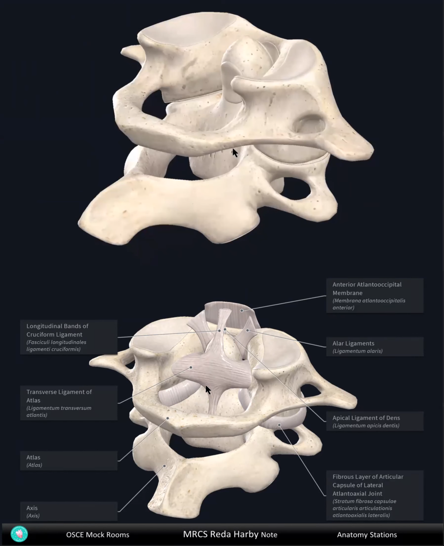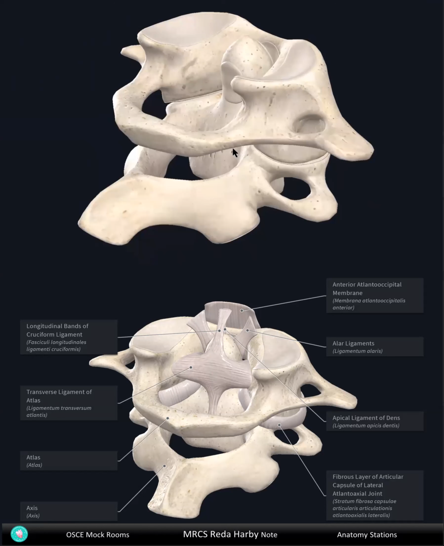These ligaments connect the dens to the occipital condyles, preventing the excess rotation at the atlanto-axial joint. Excellent.